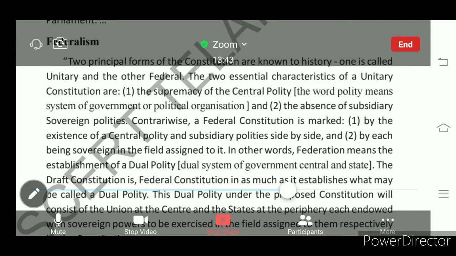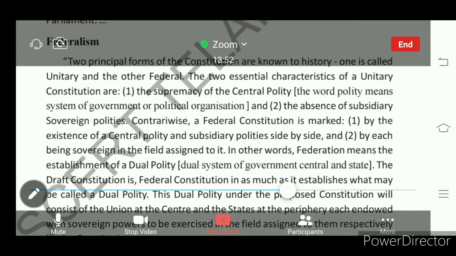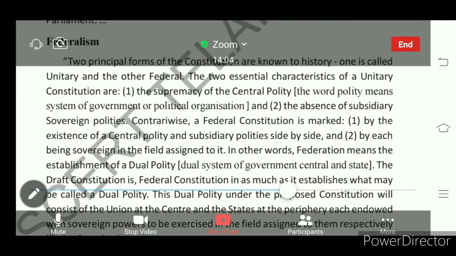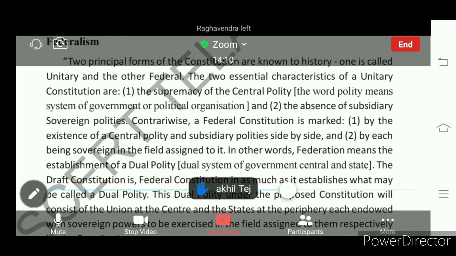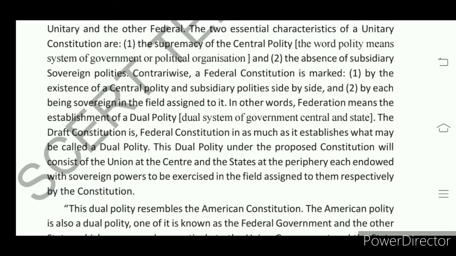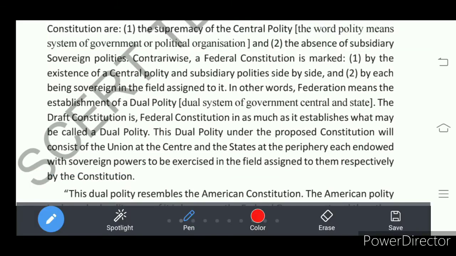Unitary constitution proposes single polity, that means a single system of government for the entire nation. Whereas in a federal constitution we find the existence of a dual polity. What do we mean by dual polity? It is a system of two governments, one at the center and another at the state.